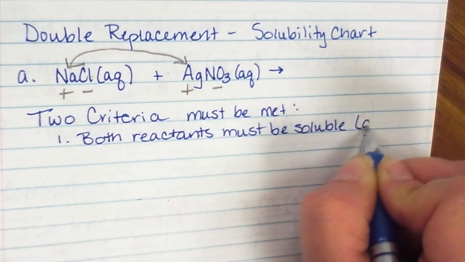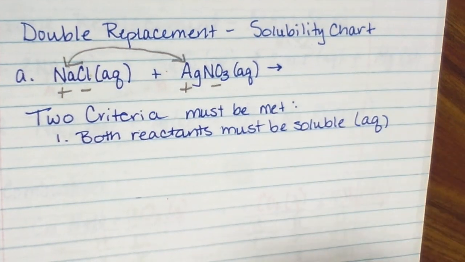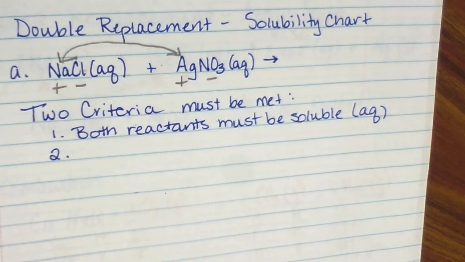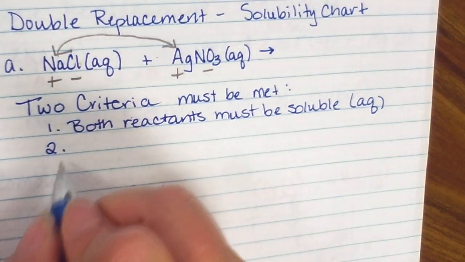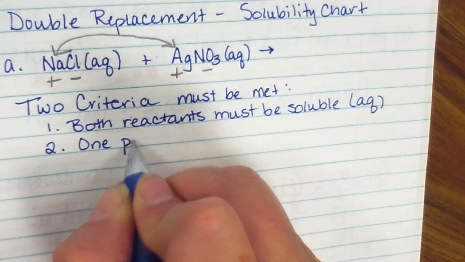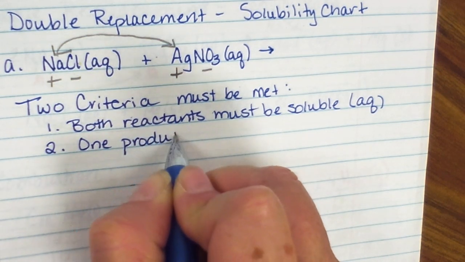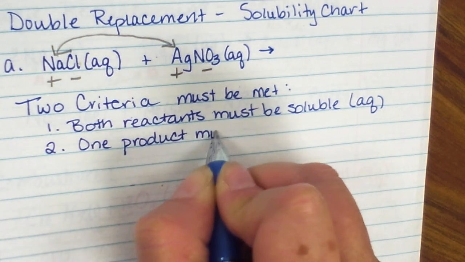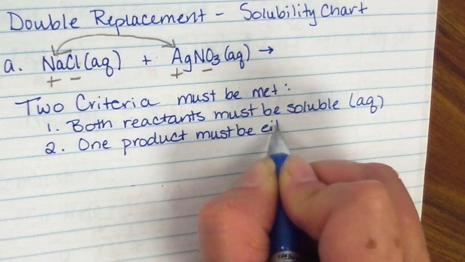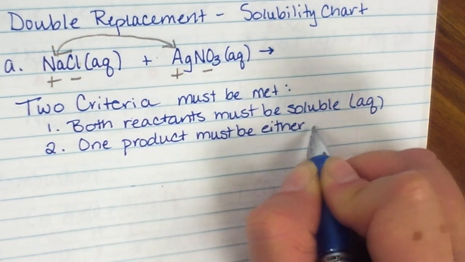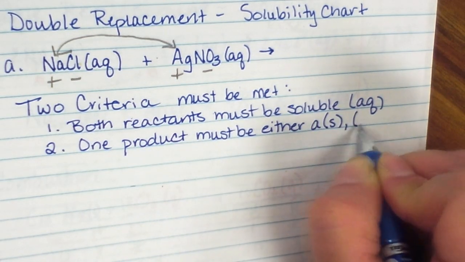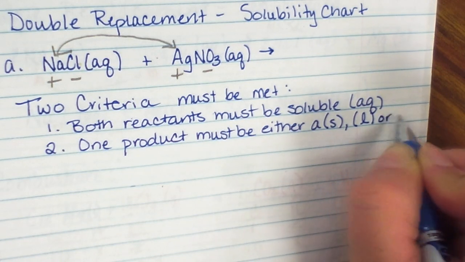So they have to both be aqueous, and I'm going to explain why in a minute. And number 2, one product must be either a solid, a liquid, or a gas.